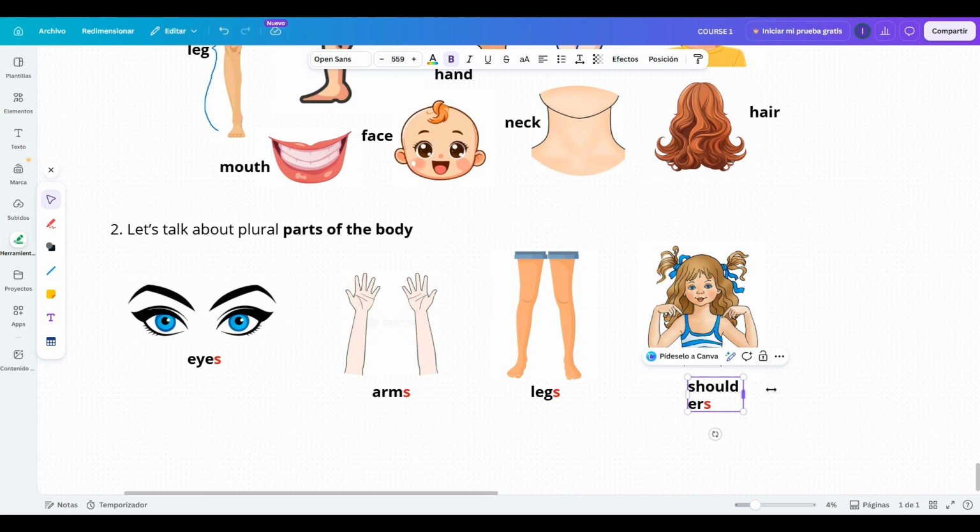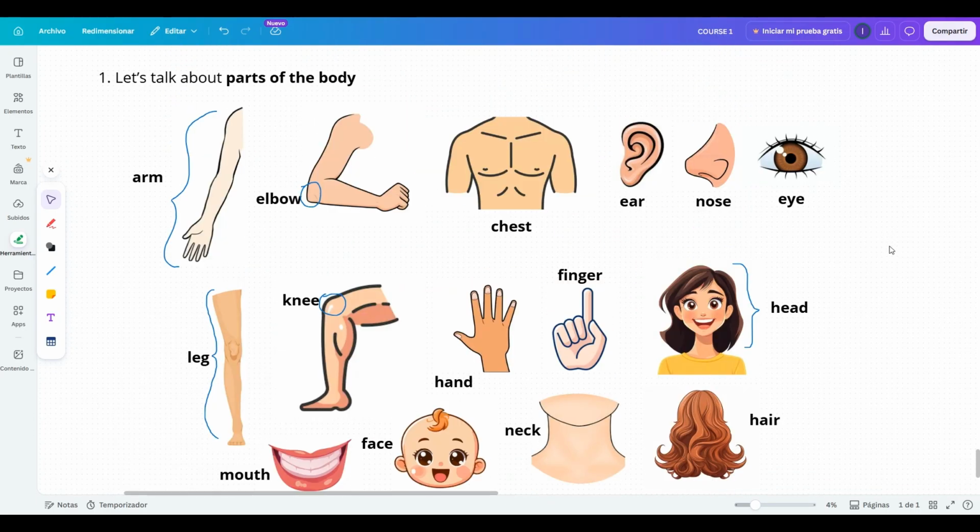Yes, two shoulders. Correct? So don't forget, right? This is a shoulder, right? A shoulder. Let's write that here, right? Shoulder. This small part.